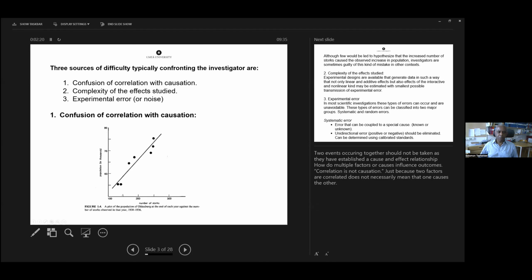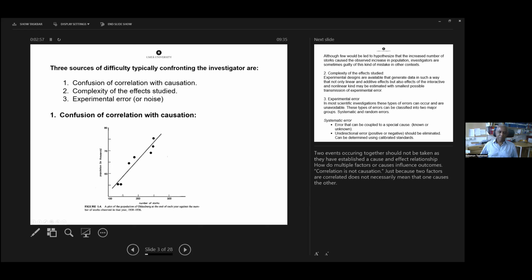Whenever we have a plot that shows a linear relationship between some sort of signal and a variable on the x-axis, it's easy to say that this is increasing due to the increase of, in this case, the number of storks, and the population also increases in Oldenburg. Then we can draw the conclusion that thanks to the number of storks increasing, the population is increasing in Oldenburg. This is a confusion of correlation and causation.